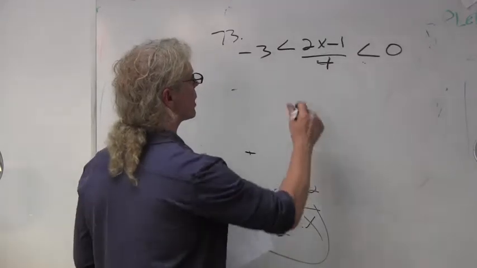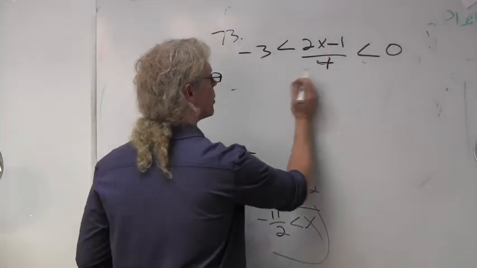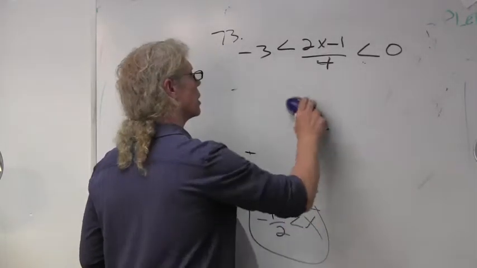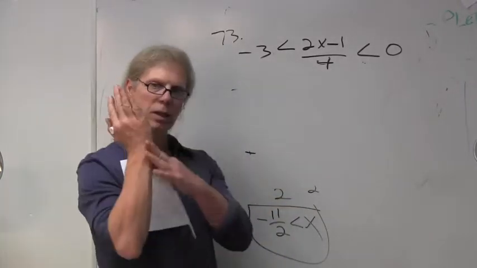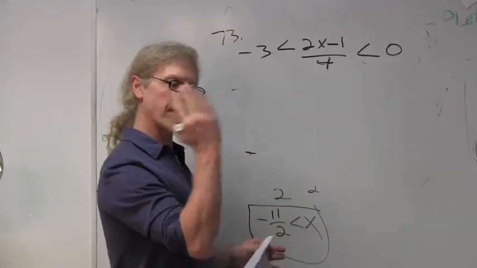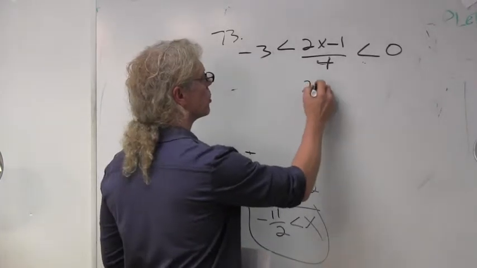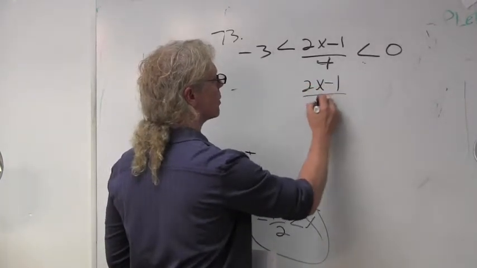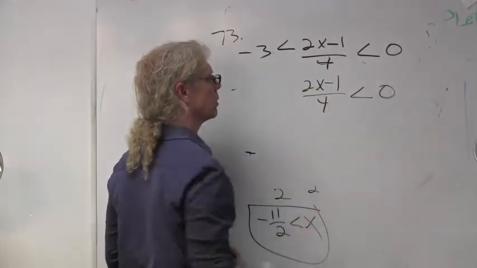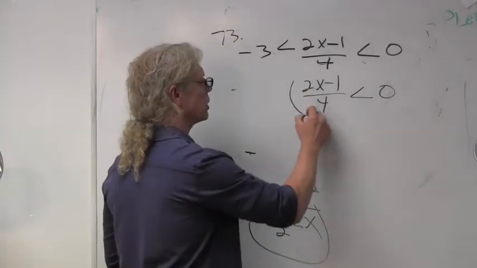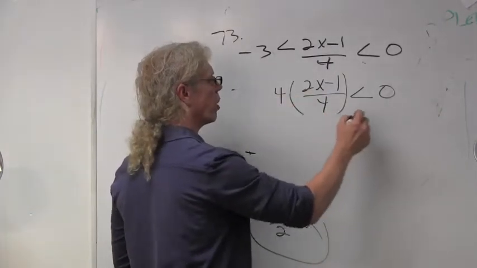Let's look at the right-hand side, and we have, let me move it up here a little. I think I'd like to have an eraser built right into the heel of my hand there. (2x minus 1) divided by 4 is less than 0. Let's multiply both sides by 4.